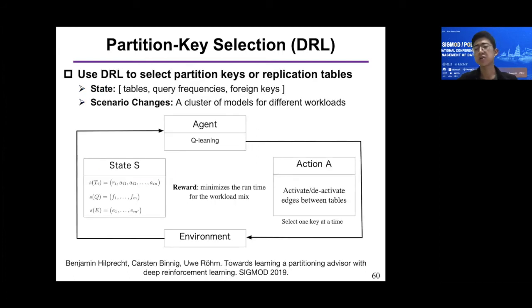So there is also a deep reinforcement learning-based method. They first encode the tables, query frequencies, and the foreign key constraints into a state vector and use the deep reinforcement learning model to select a partition key or a replication table at each iteration. They can learn from the reward to optimize the selection policy.